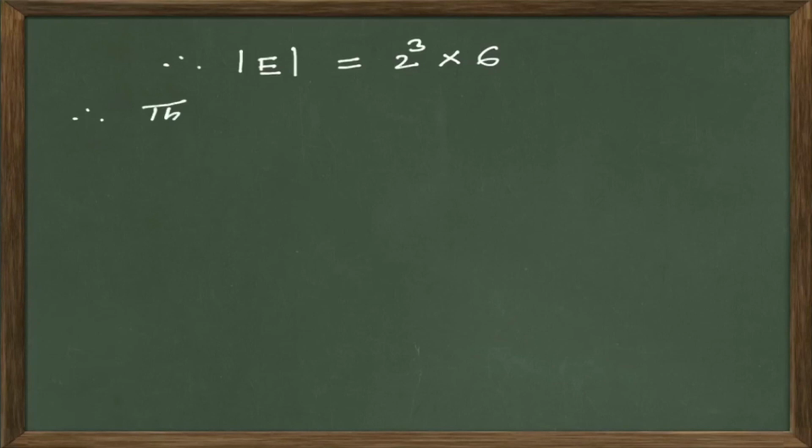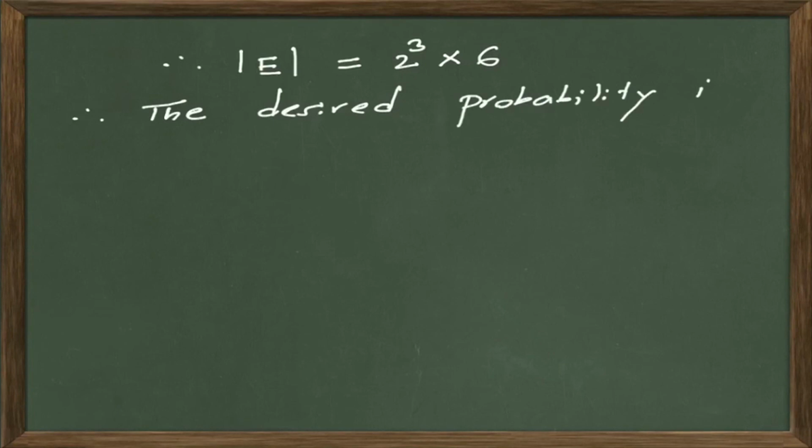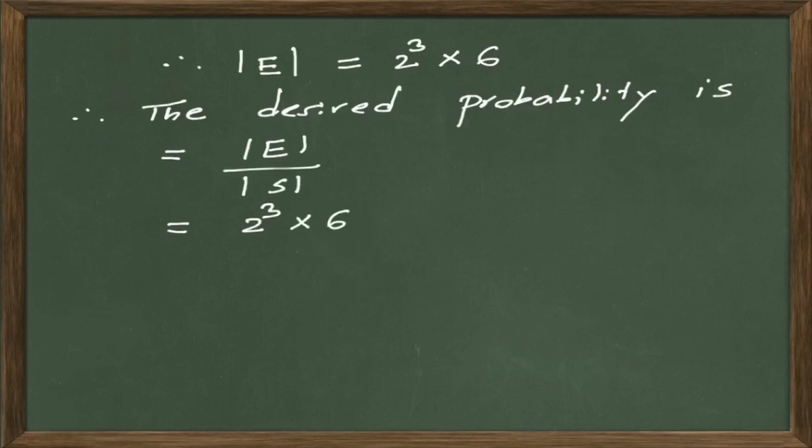Therefore, the desired probability is equal to cardinality of E divided by cardinality of S, which is equal to 2 cube into 6 divided by 6 cube, which is equal to 8 by 36, which is equal to 2 by 9.